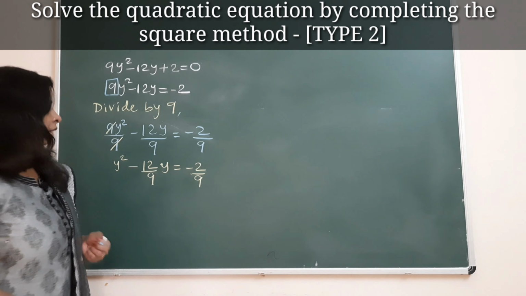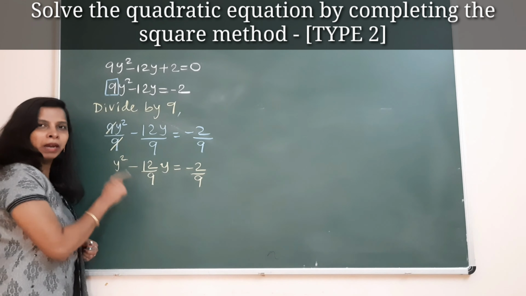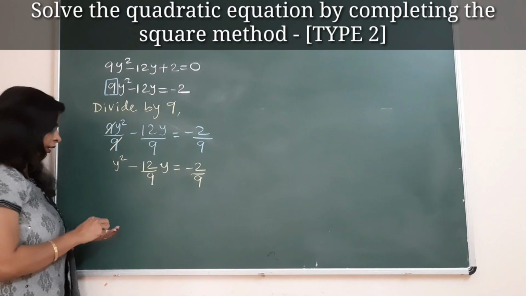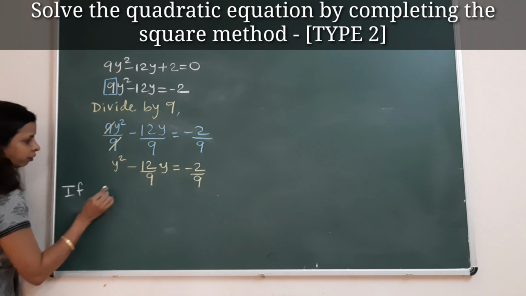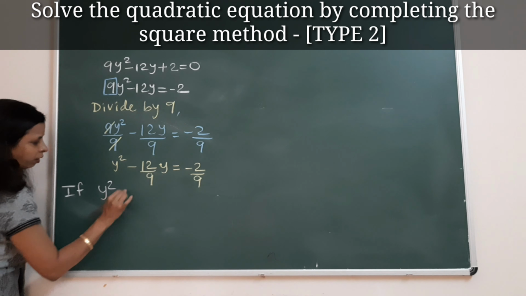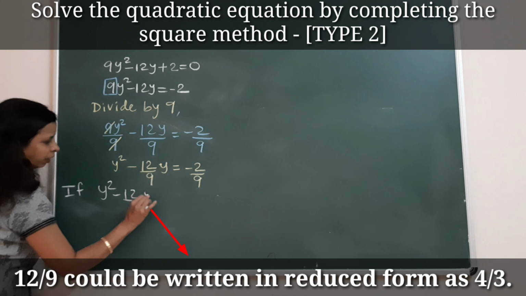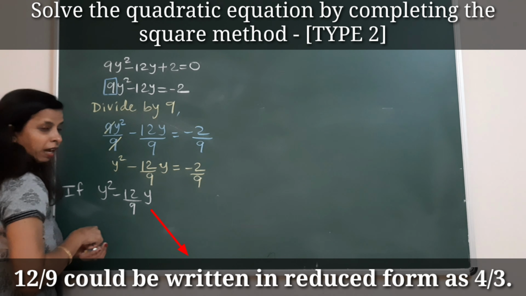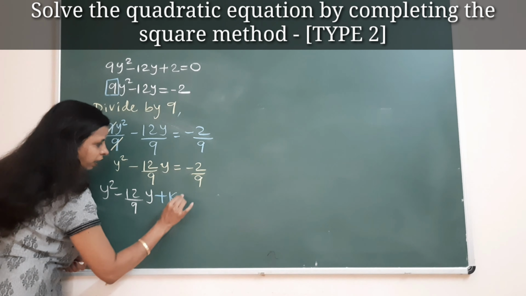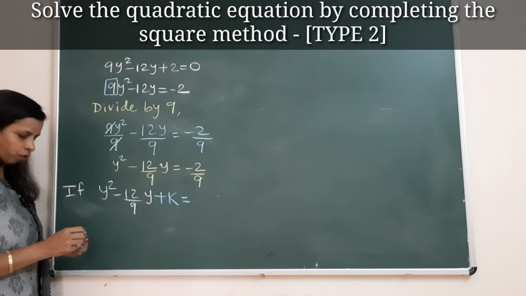Now here you see this sign is minus. So how to solve this one? Write y square minus 12 by 9y plus k equal to, okay.